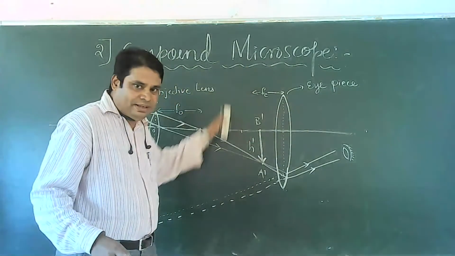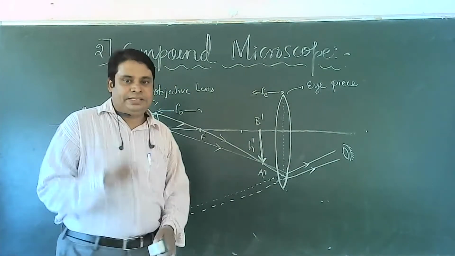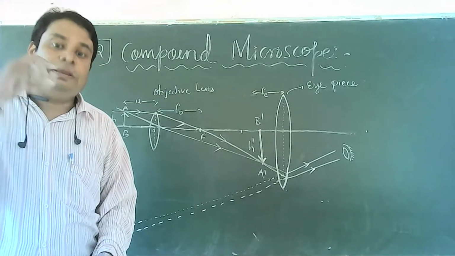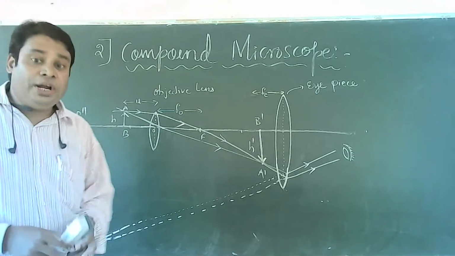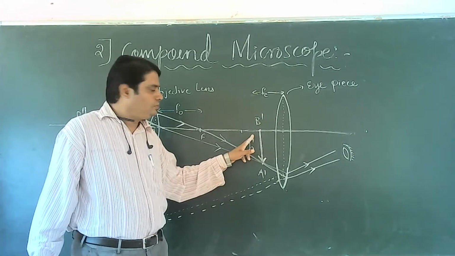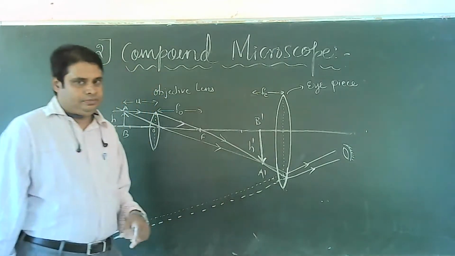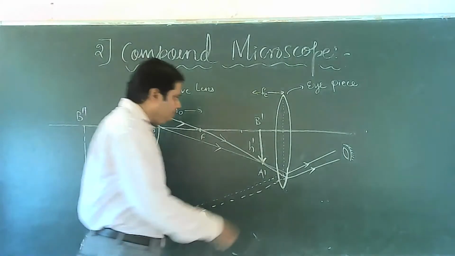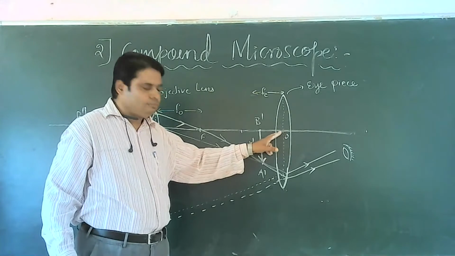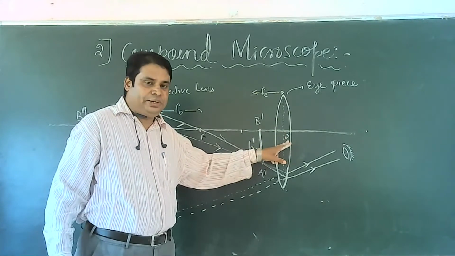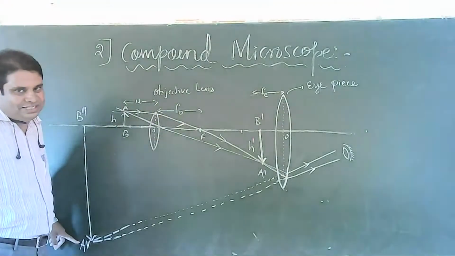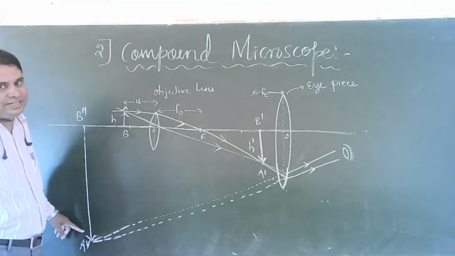Simple microscope case. First we have studied the simple microscope. In a simple microscope, when the object is placed at f, your image is formed at infinity. Here too, if this image is formed between f and o, where f is the principal focus of this lens and o is the optical center, then your image will form at near distance.